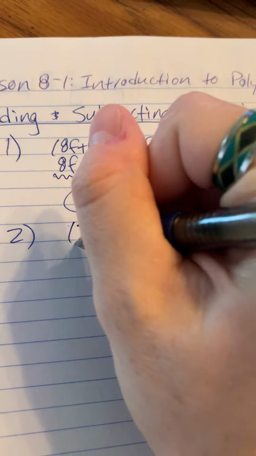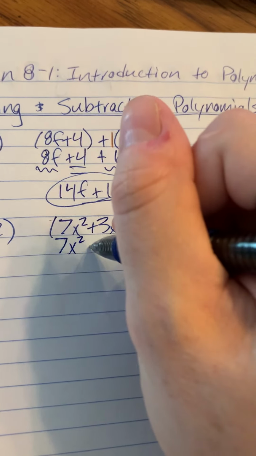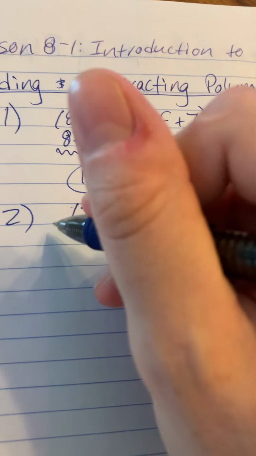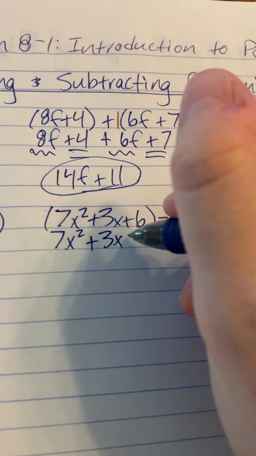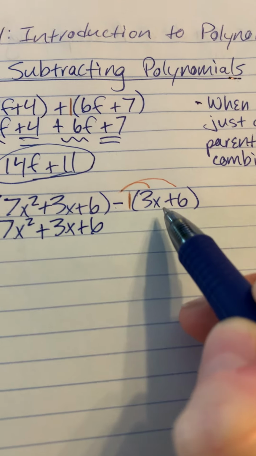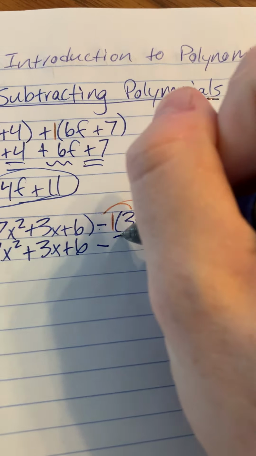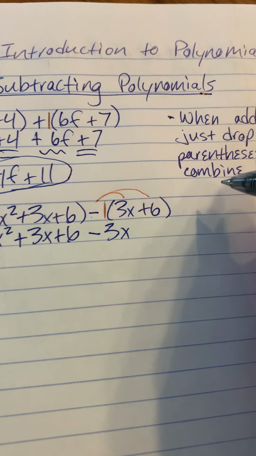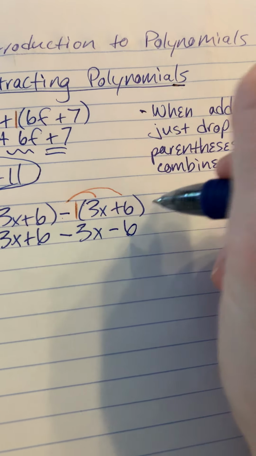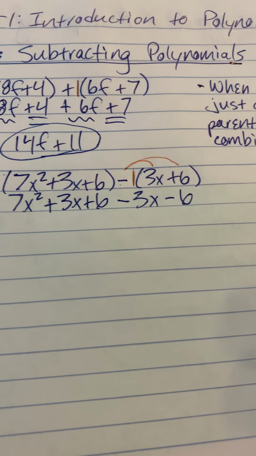So when you rewrite it this time, yes, you're still going to drop down that first set because there's nothing in front of that one. But the signs in the second polynomial are going to change. That's going to become minus 3x and minus 6. But then you can combine like terms.